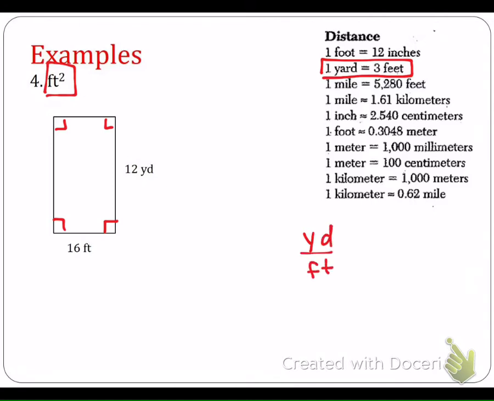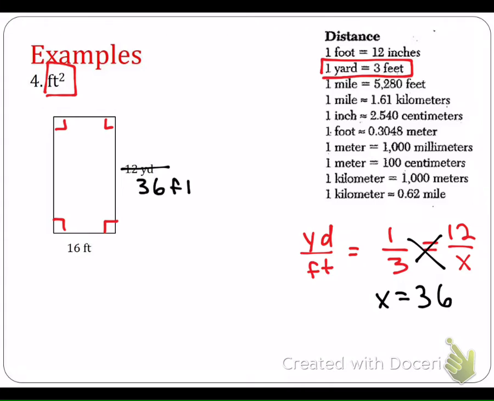Or does anyone just know this one in their head? Yeah, it's going to be 36 feet. So you can get rid of the 12 and change it to 36. Now, how do I find the area of a rectangle? Multiply. So 36 times 16.